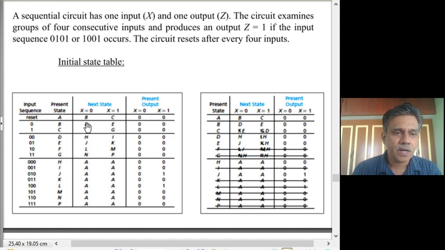Because you come to D from B, you have come to B by getting the first bit as 0, and the second bit is 0. So a 0 0 denotes D, a 0 1 denotes E, a 1 0 indicates F, 1 1 indicates G.